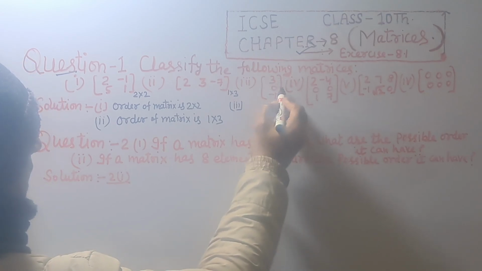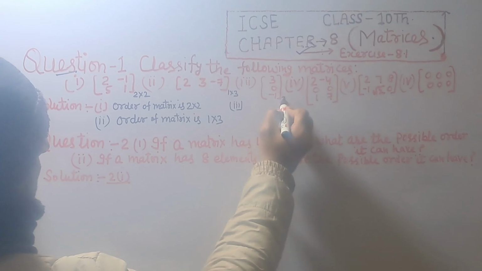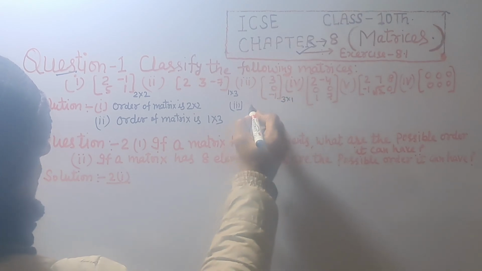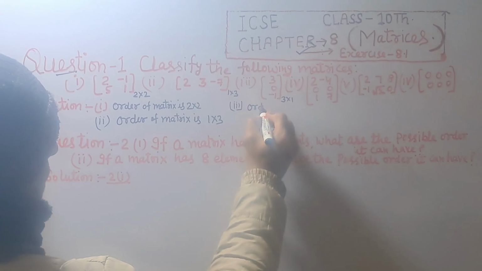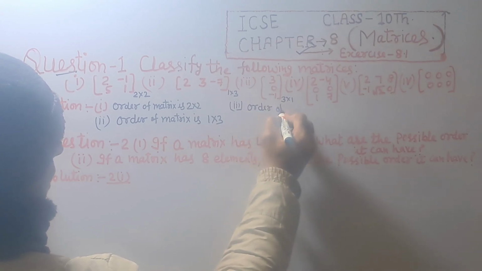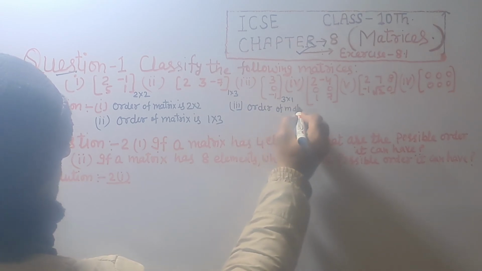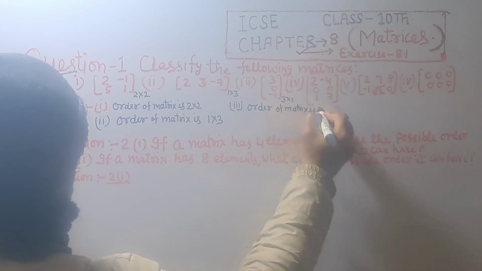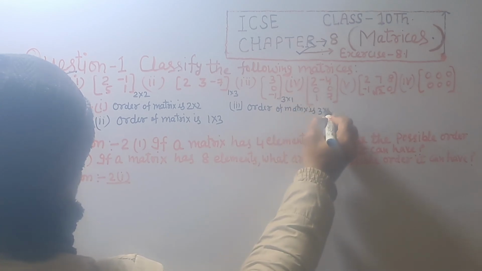First row, second row, third row. 3 rows and 1 column. Order of matrix is 3 cross 1.